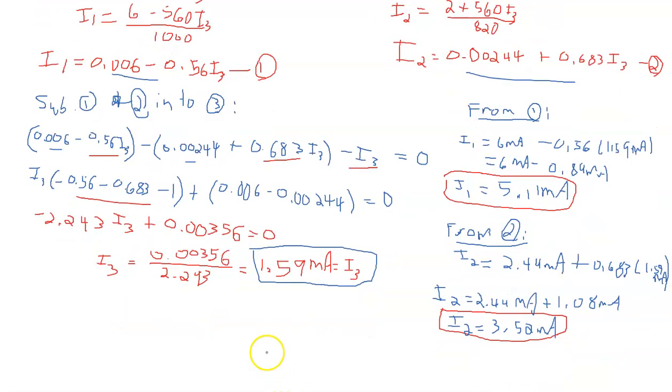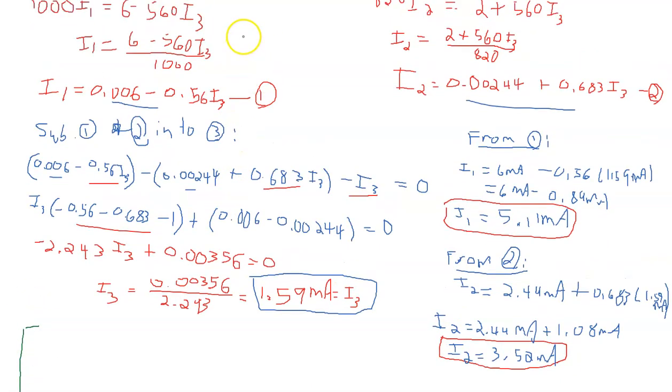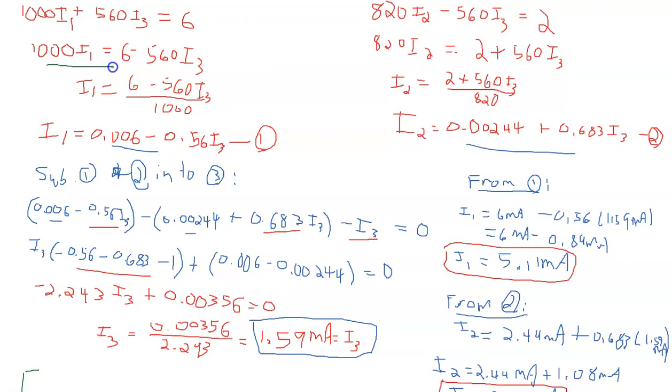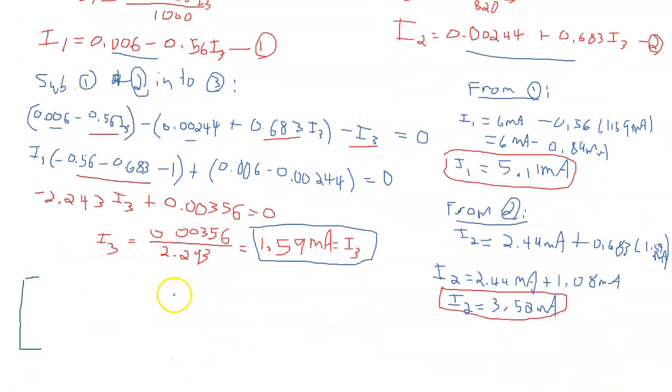Now, our matrix solution then, for this one, we go back to this expression for I1. So this expression right here is what we want to do, right? So we have 1,000. For I2 we have 0. For I3 we have 560.